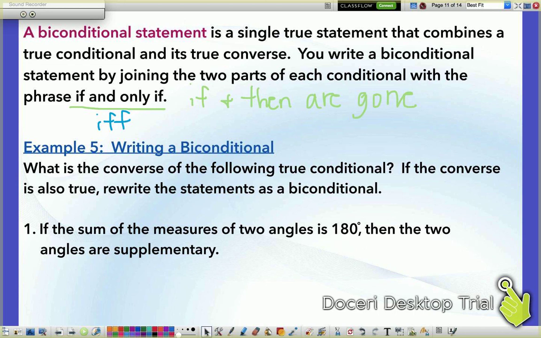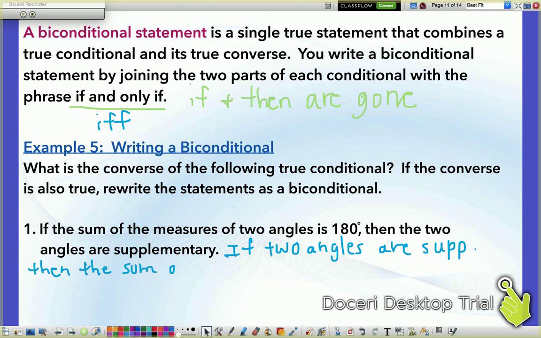So the converse would say if two angles are supplementary, and I'm going to abbreviate because I don't have room, then the sum of the measures of the angles, and I don't think that's correct grammar, is 180 degrees.